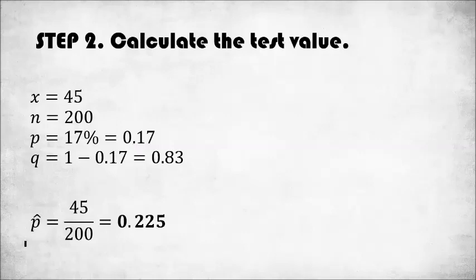And then ang P hat natin is 45 divided by 200, that is x over n. And the answer is 0.225. Please round off your answer to 3 decimal places. And again, yung sample proportion, gagamitin po natin to para makapag-decide tayo later sa ating evidences.